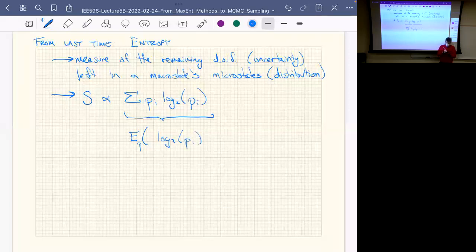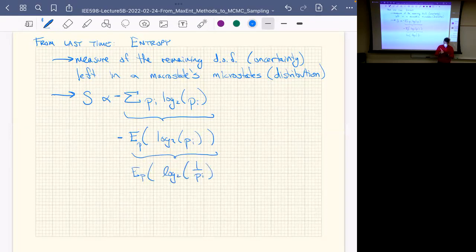Or I should say, put a negative out here, which also can be written as the expected value and so on. So for those of you who've taken any courses in information theory, this might look familiar to you because it has to do with how many bits are needed on average to represent a piece of a configuration.